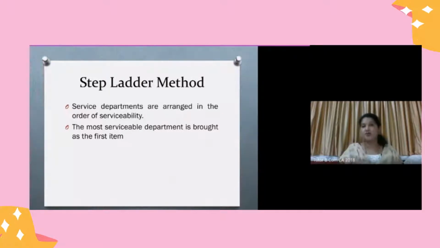The most serviceable, the most important department will be brought as the first item. The method is very simple to understand.